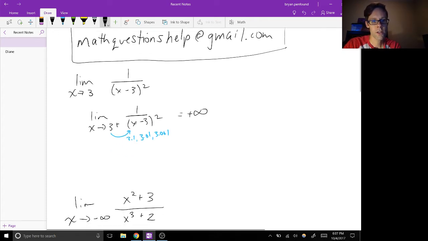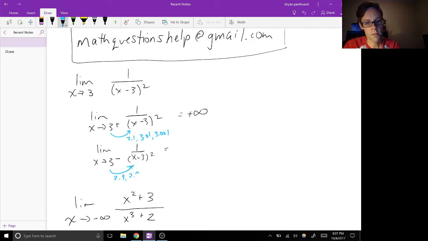And if you check the other side, the limit as x gets closer to 3 from the left, thinking about values like 2.9, 2.99, 2.999, and taking a look at that sequence of y values.